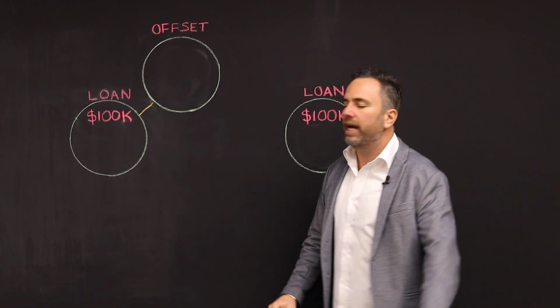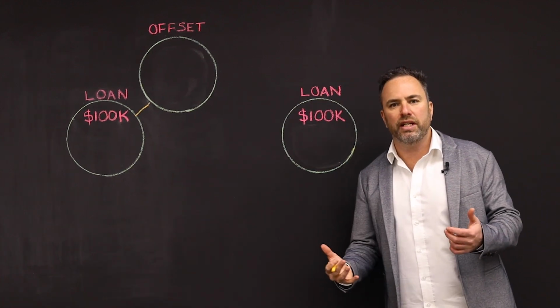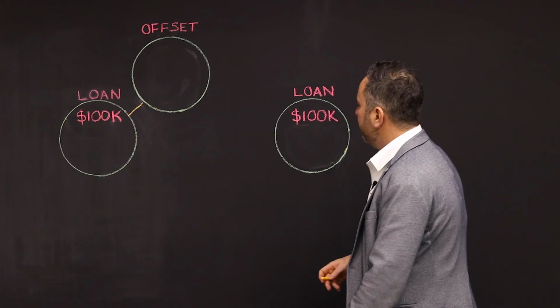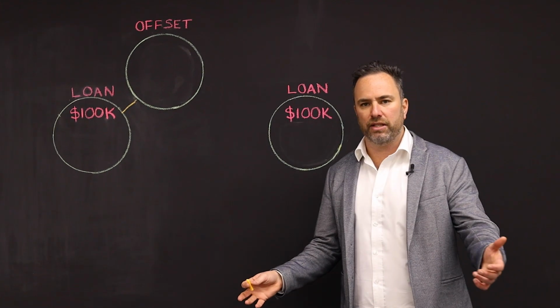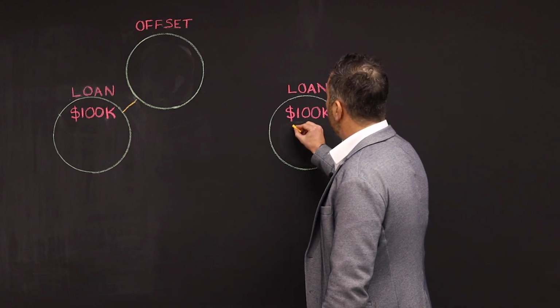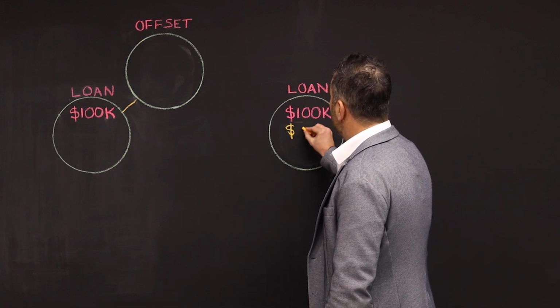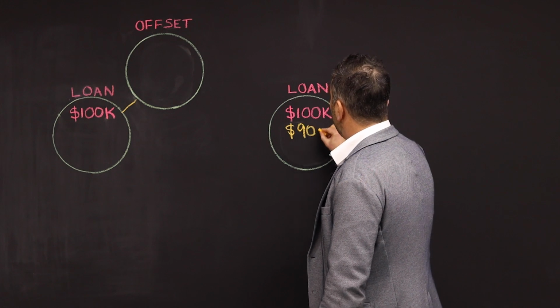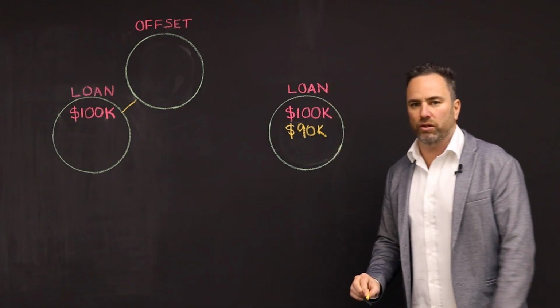Now effectively, how do they operate? What's the difference between them in operation? Let me use an example. You get $10,000 from your tax return at the end of the financial year, and you dump $10,000 into here, and that reduces your loan balance down to $90,000.